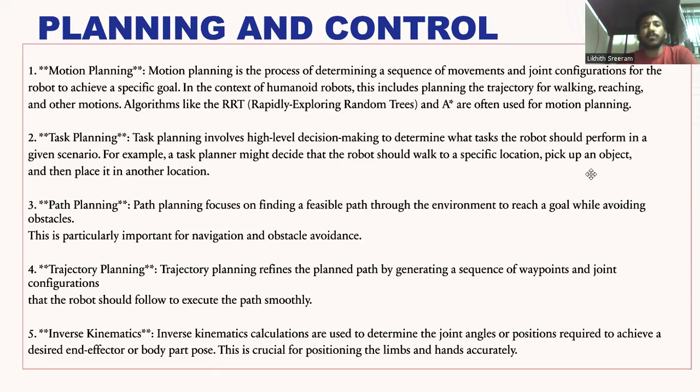This motion planning includes the basic operations like walking and identifying specific objects and moving according to the situation, and it includes algorithms like RRT, which stands for rapidly exploring random trees, and A star, which are often used for motion planning. The A star algorithm is mainly used in motion planning because it is used for best first search.